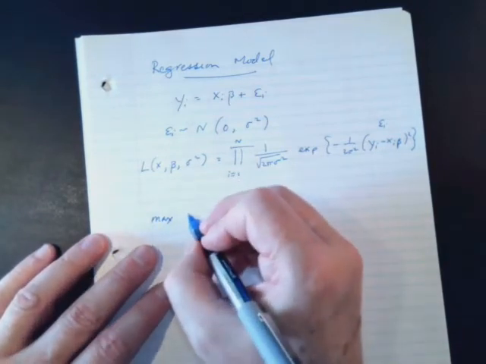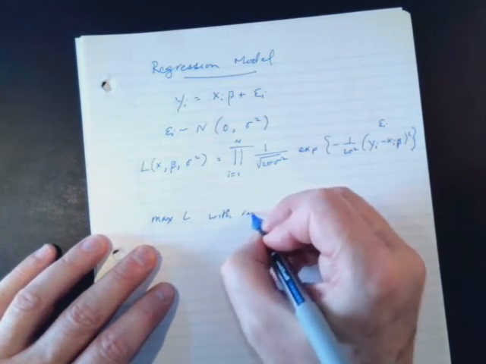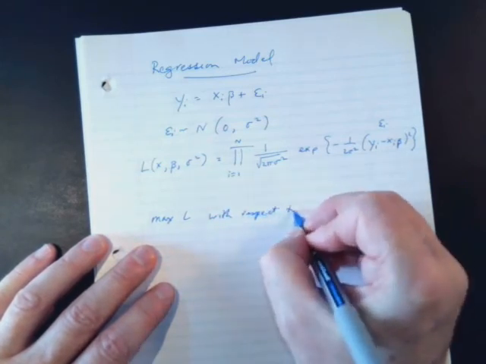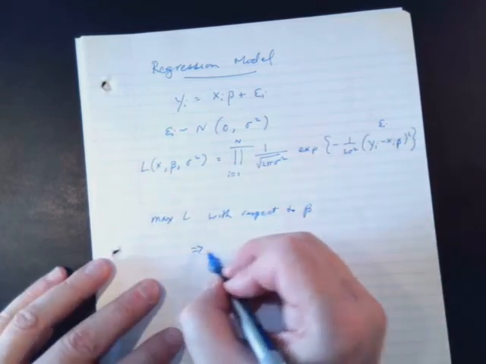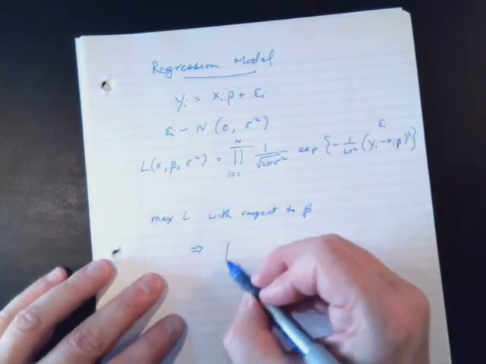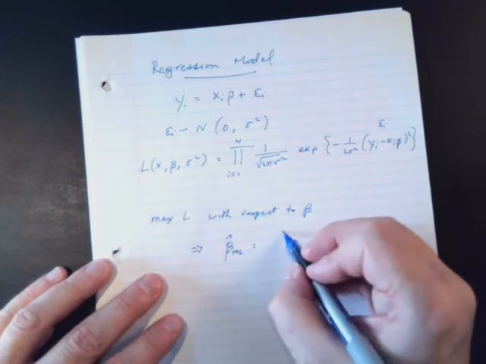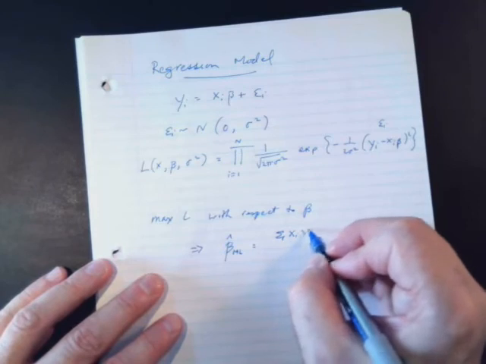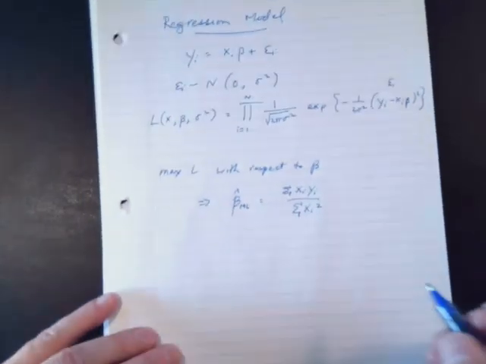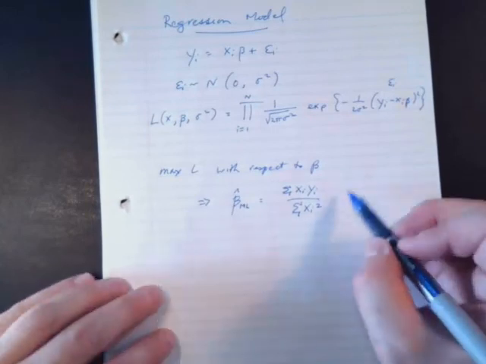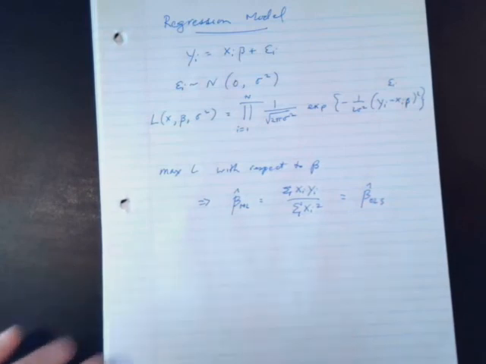If you maximize L with respect to beta, that gives us beta hat maximum likelihood equals the sum of x, y over the sum of x squared, which equals beta hat OLS.